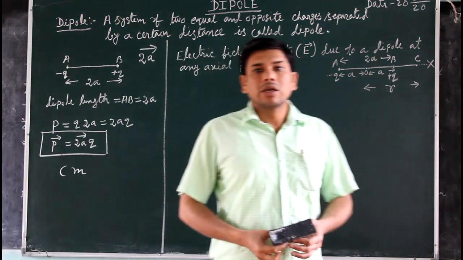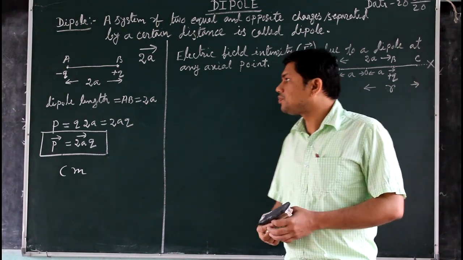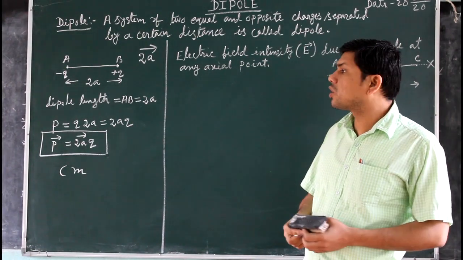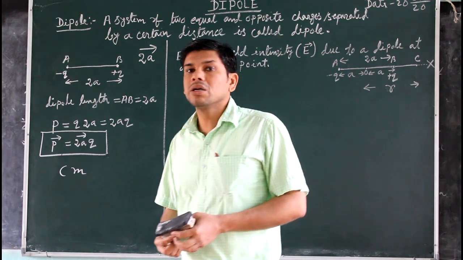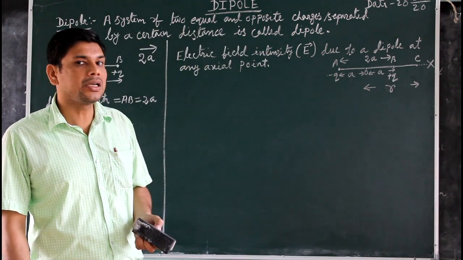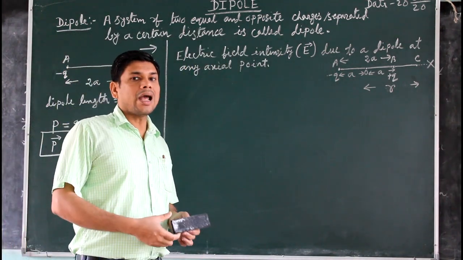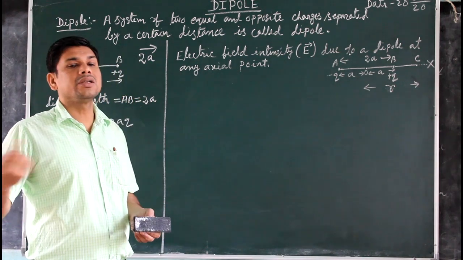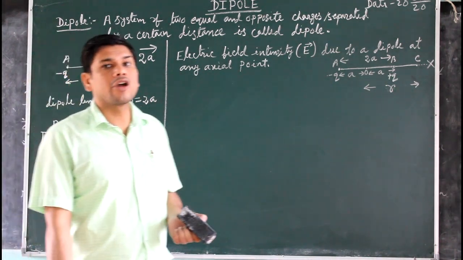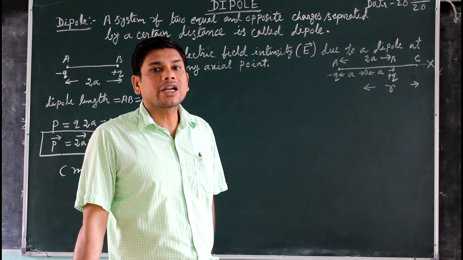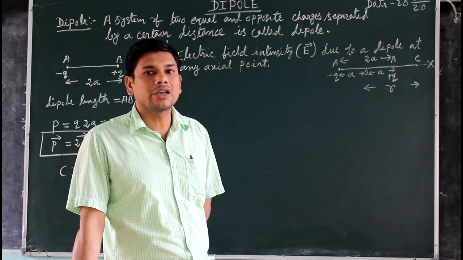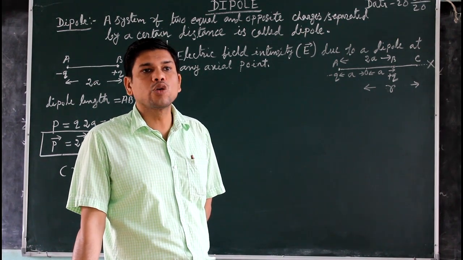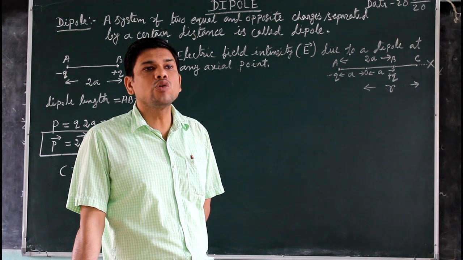Now you have two applications. In the first application you have to find the electric field intensity due to a dipole at an axial point, and in the second application you have to find the electric field intensity or electric field strength due to a dipole at the equatorial point.